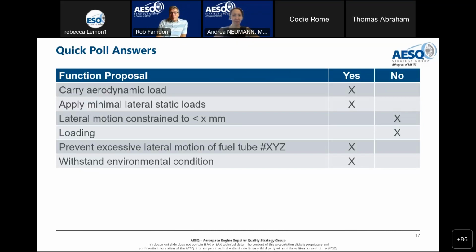Something else probably happens because it doesn't, and that's probably where the concern lies. Environmental conditions are usually a constraint around the function we have on a part. So I think that's probably the distinction to draw. But certainly if you ran through a DFMEA with withstand environmental conditions, you could probably get some useful value out of doing so. So it's probably not a classic answer, but not a bad one either.